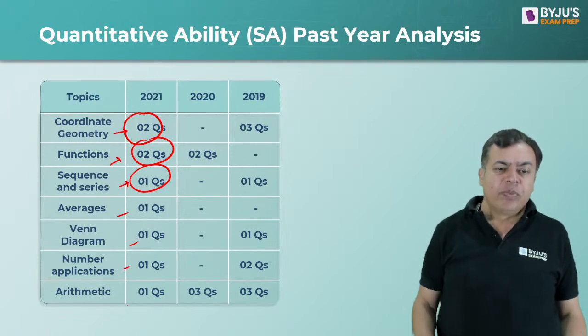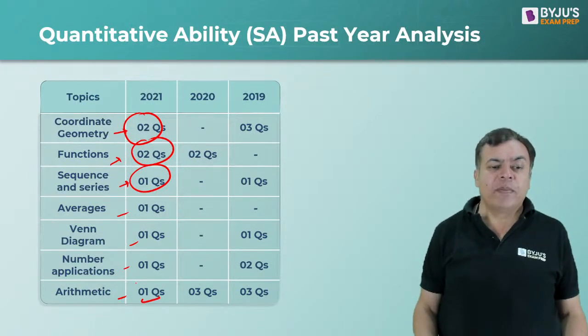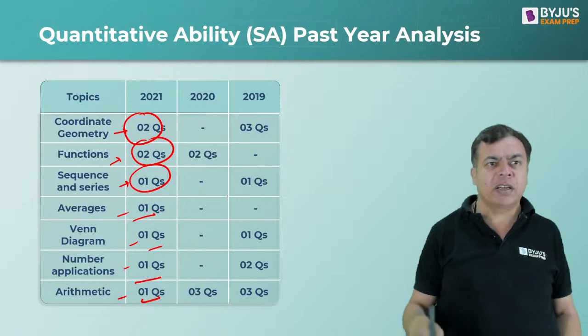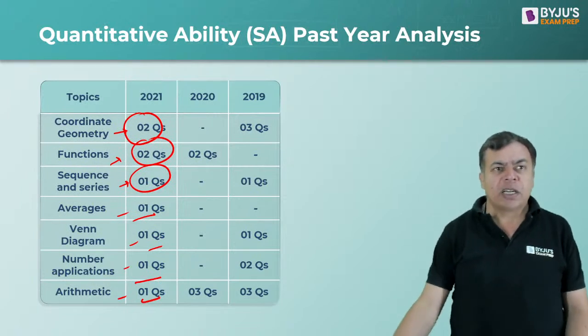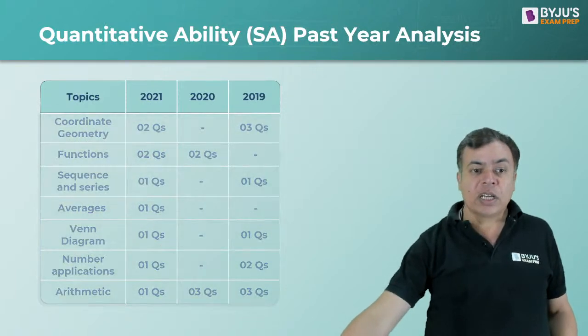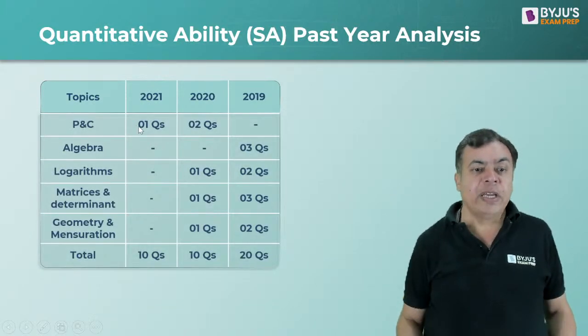Just see here. In arithmetic there was one question, number application one question, Venn diagram one question. Average we have taken separately, but arithmetic also includes average. So arithmetic plus average, now it is one more question. And you can see here, further PNC, there was one question. Because in the essay there were only 10 questions.